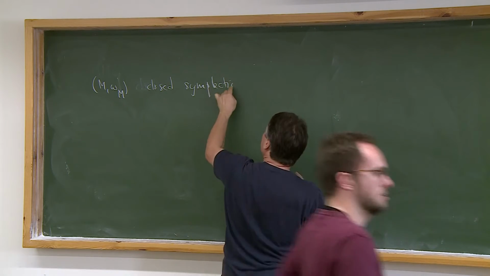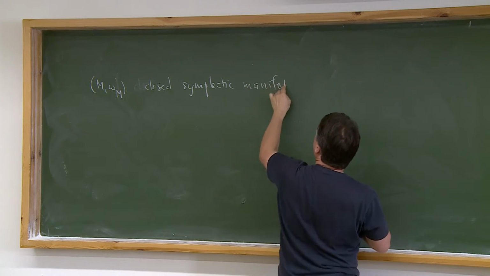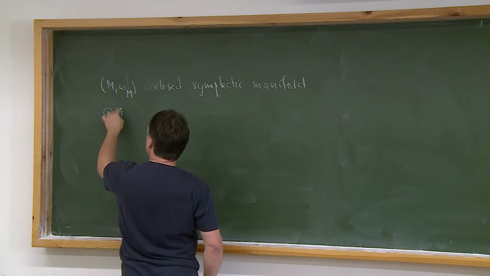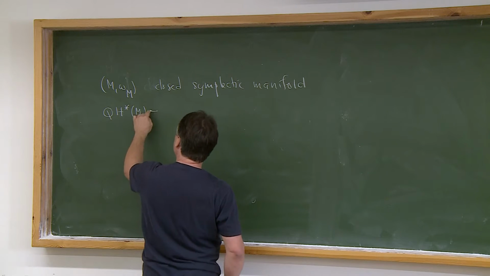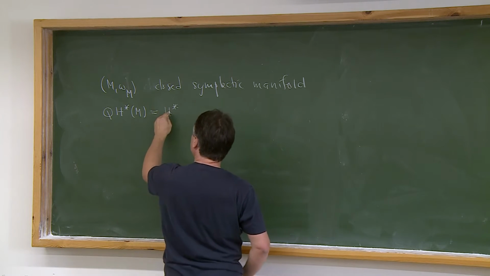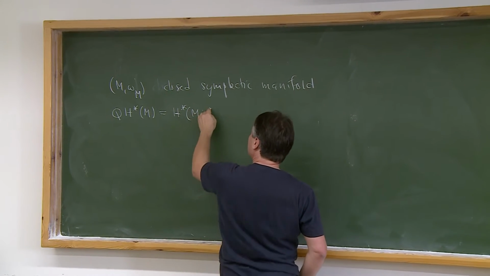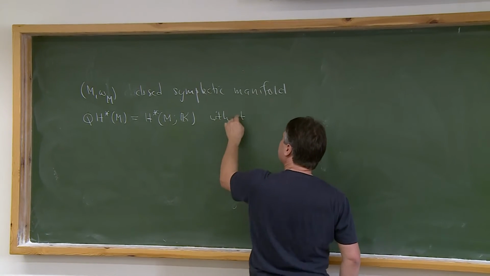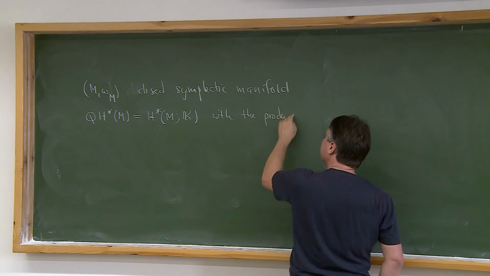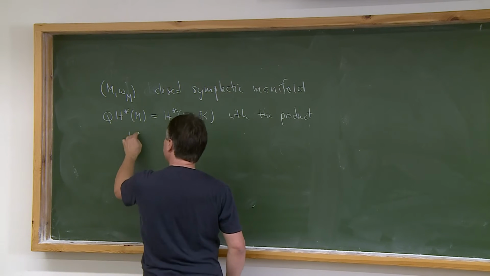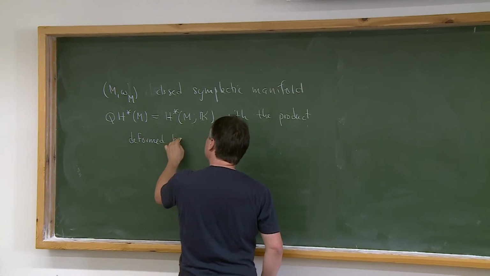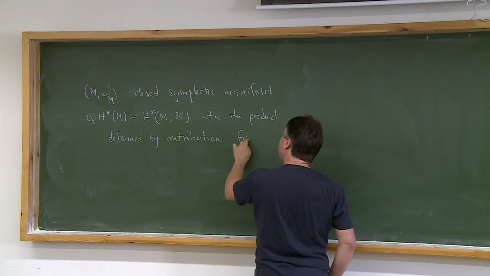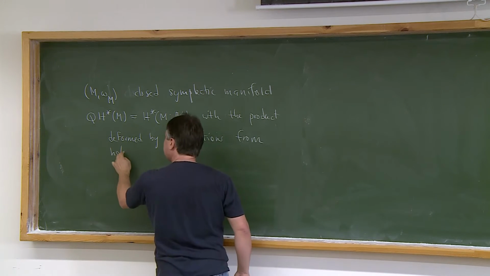So, if I have a symplectic manifold, there is a basic invariant which is quantum homology. Which is just the ordinary homology, but with a product formed by contributions from holomorphic maps.